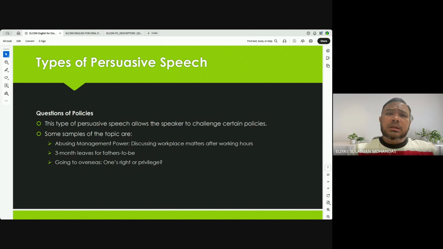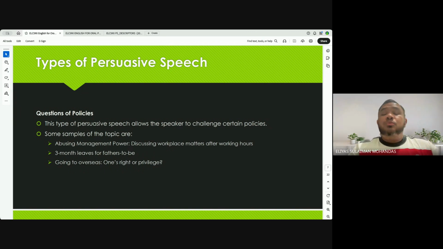But 1 week, is it enough? So sometimes they believe that the father should also be given equally the same leave as the mother, so that they both can start to figure things out with the additional family member, the baby, what to do with it, where to send the baby to the nursery, this and that.